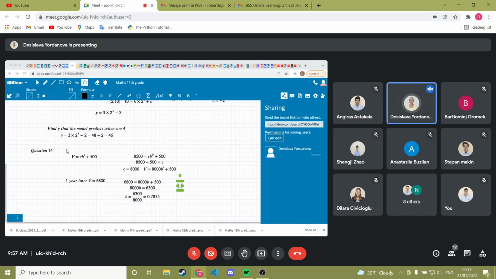So the answers to the question: state the value of C and D. C should be 8,000 and D should be 500.